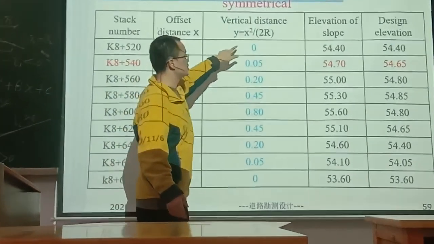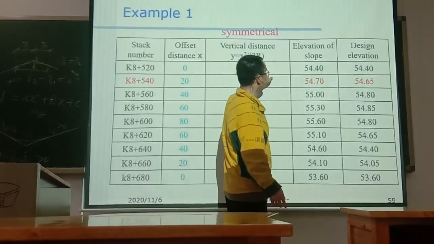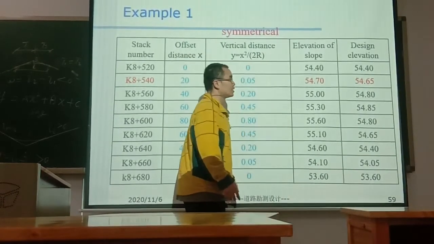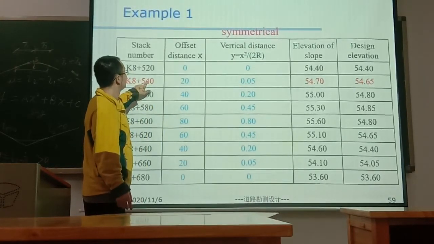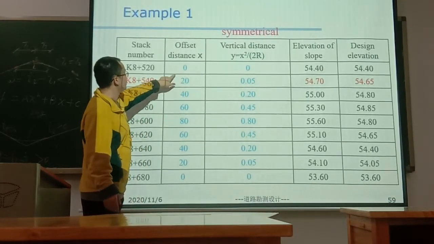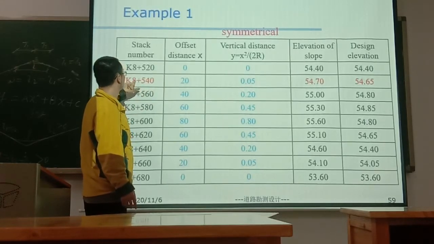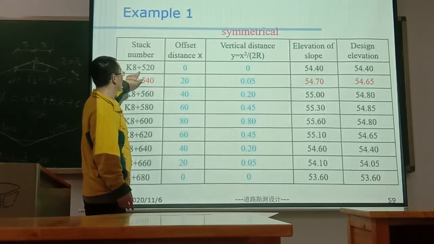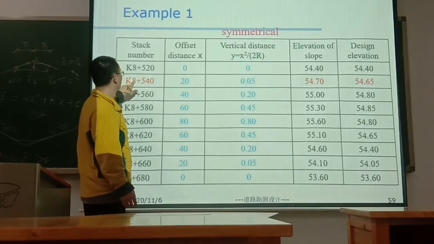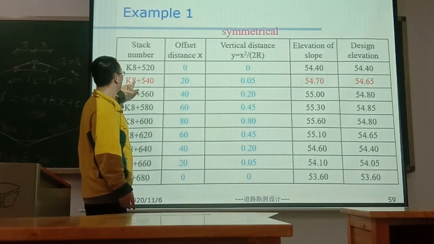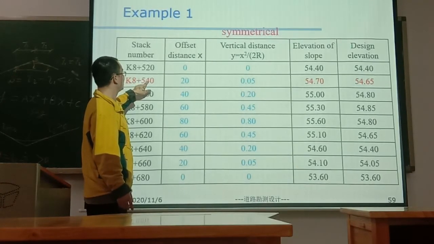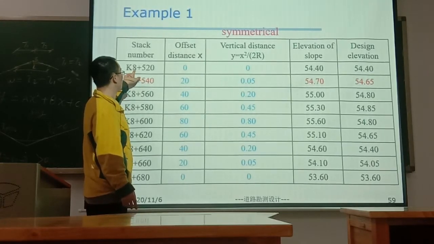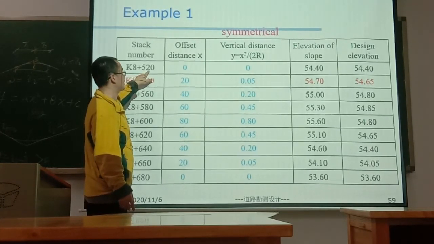The offset distance x is this value minus this value: 8,540 minus 8,520.